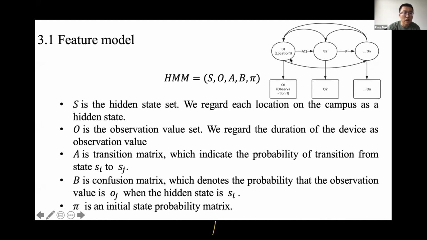A is the transition matrix, which indicates the probability of transition from Si to Sj. And B is the confusion matrix, which denotes the probability that the observation value is Oj when the hidden state is Si. And pi is the initial state probability matrix.